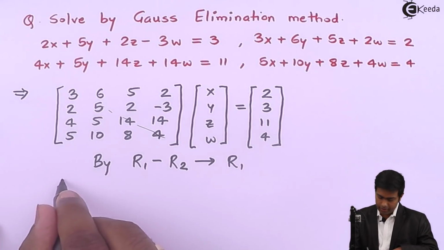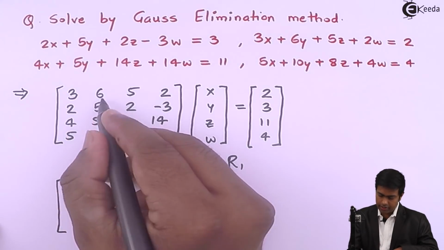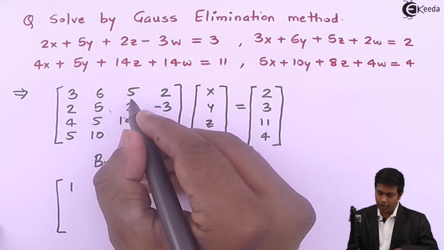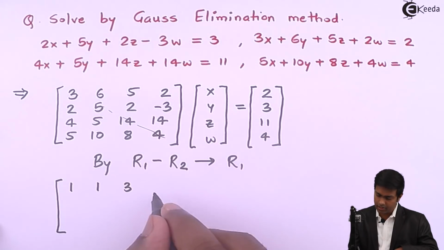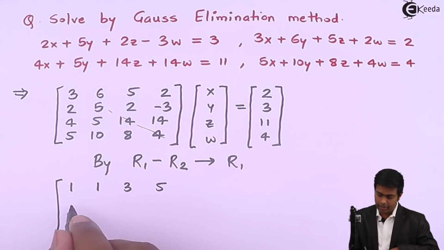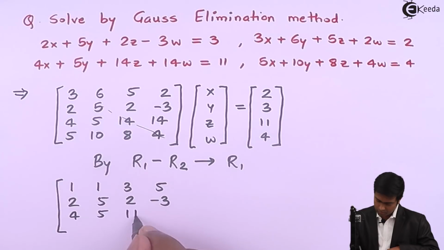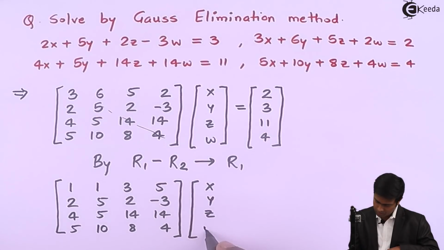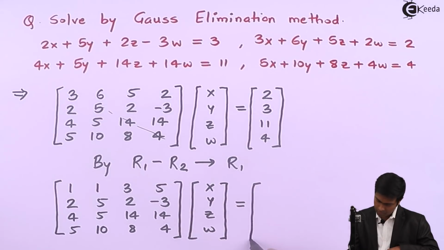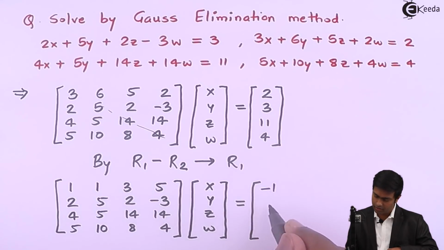Here we will get 3 minus 2, 1, 6 minus 5, 1, 5 minus 2, 3, 2 minus minus 3, that is 5. Next, the remaining elements as they are. Here 2 minus 3, that is minus 1.